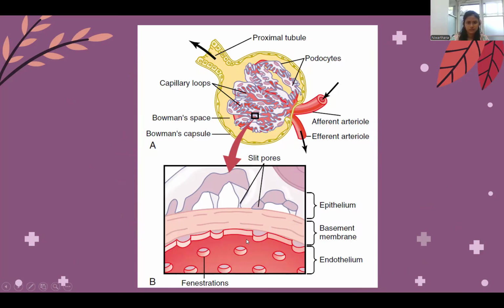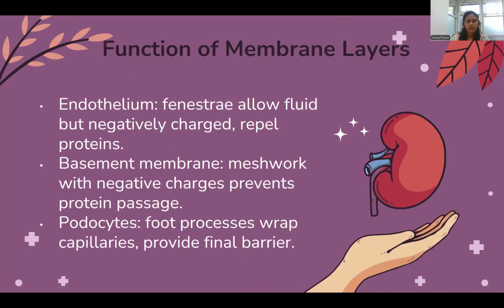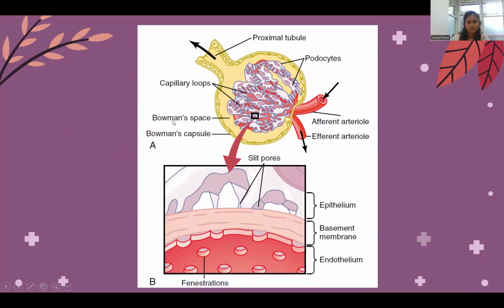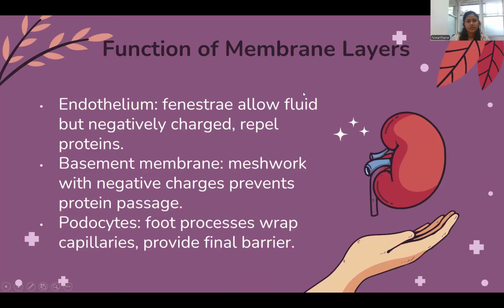So, function of the membrane layers. When we talk about the endothelium, it has fenestrations, you can see. These fenestrations allow fluid, but they are negatively charged, and they repel proteins. Okay.